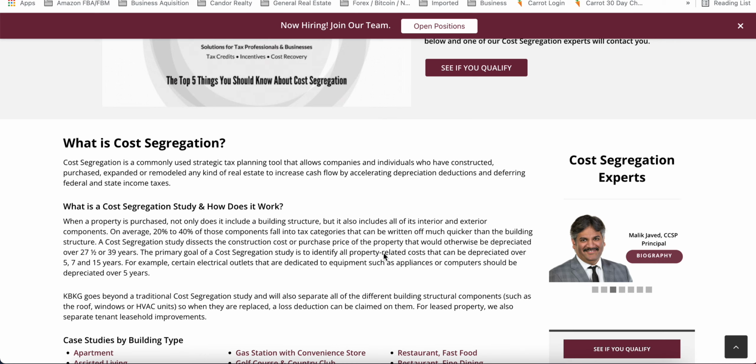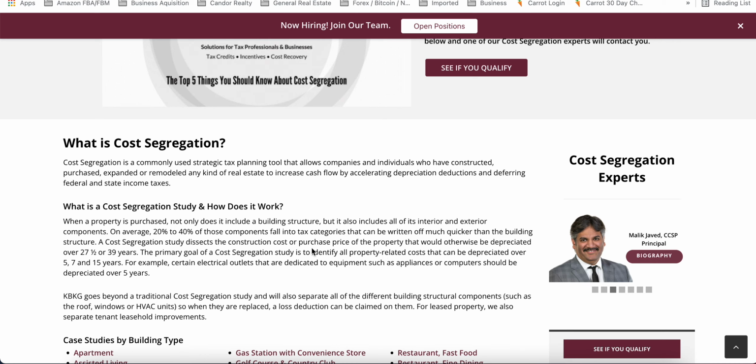The IRS code allows for certain items with a much shorter life expectancy to be depreciated over 5 years, 7 years, or 15 years. And so by having a compliant engineering firm break down the components of the building, you can move much of your depreciation from 27 and a half years to those shorter periods of time, which can have massive tax benefits. So that's what it is.